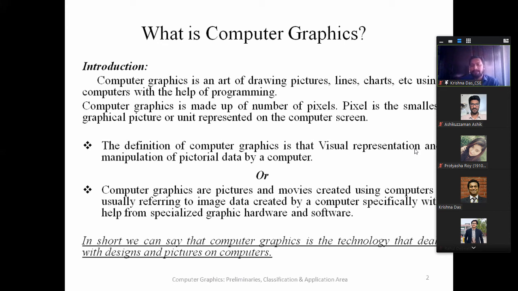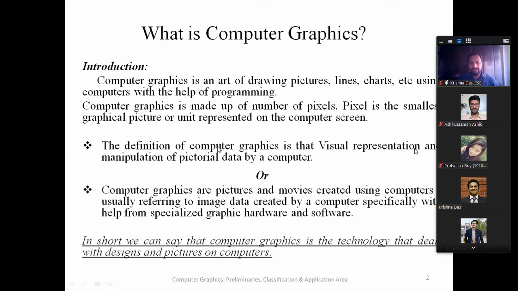Any level means even a schoolboy can ask you, and you should be able to make them understand what computer graphics is. That kind of concept you should have, and that is our prime motive: after the discussion, you should have that level of understanding of computer graphics.